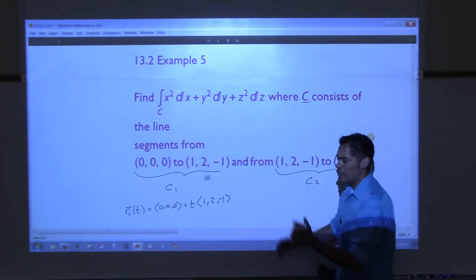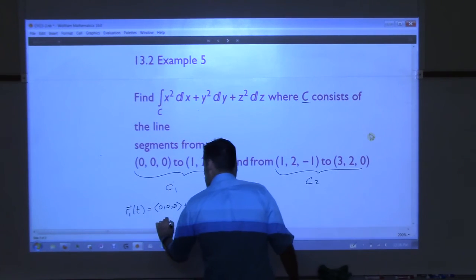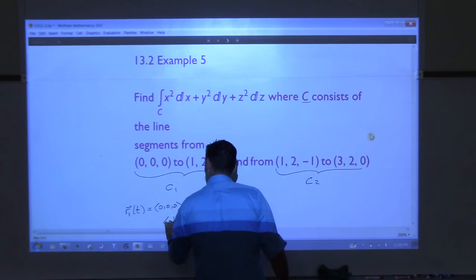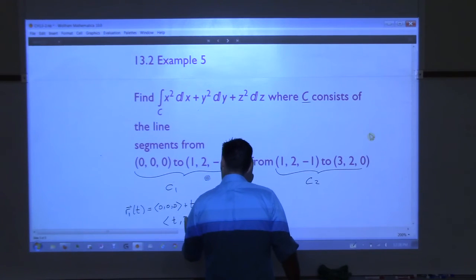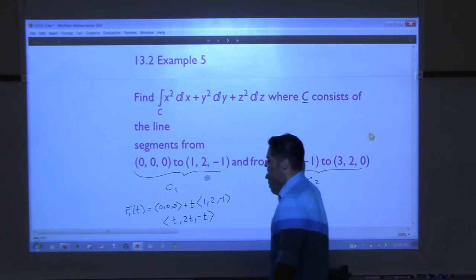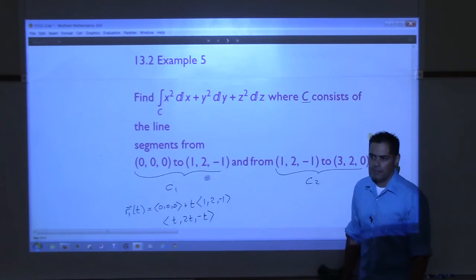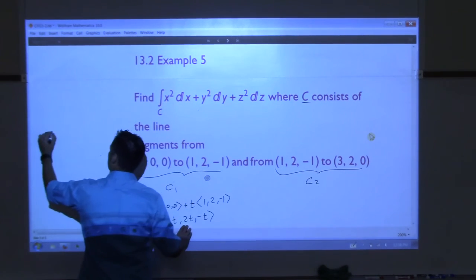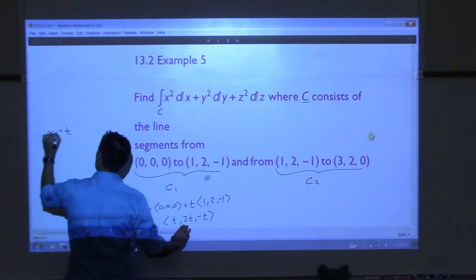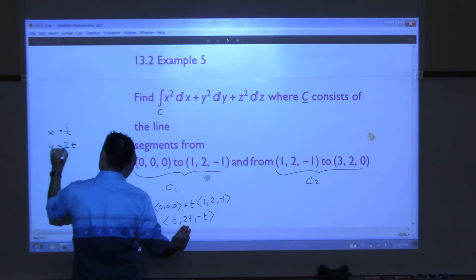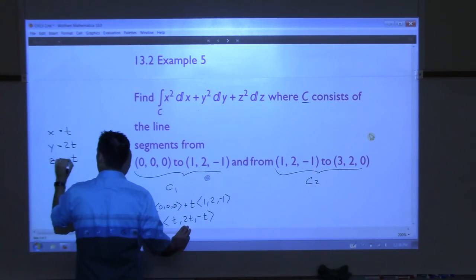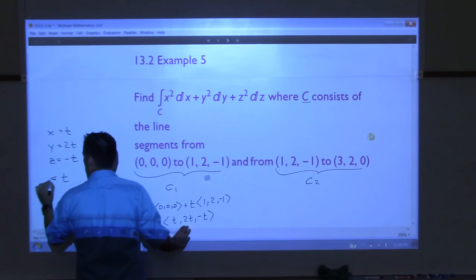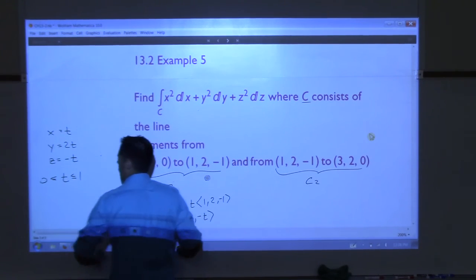So if we put all that together, we should just get t, 2t, negative t. Right? So the x for this one is t, the y is 2t, and the z is negative t. The restriction on t is 0 to 1.